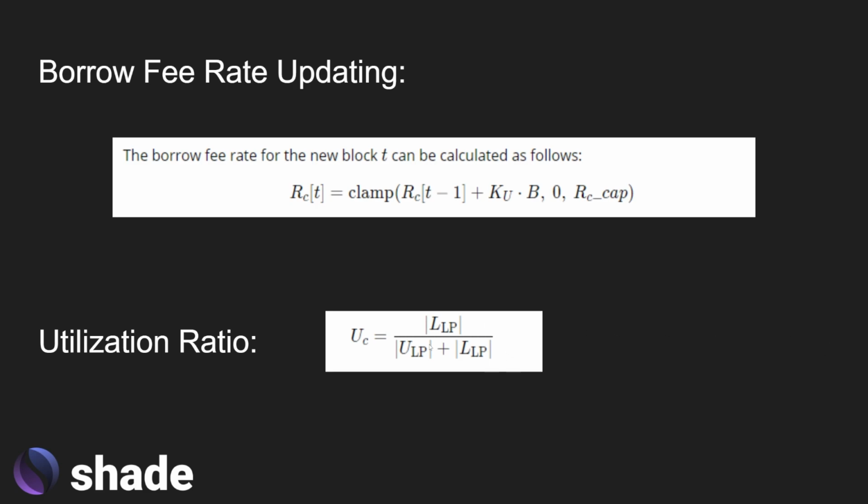As you can see down here, utilization ratio is just calculated as the amount of locked LPs divided by the sum of locked and unlocked LPs. So how much is locked relative to the total amount of liquidity available.